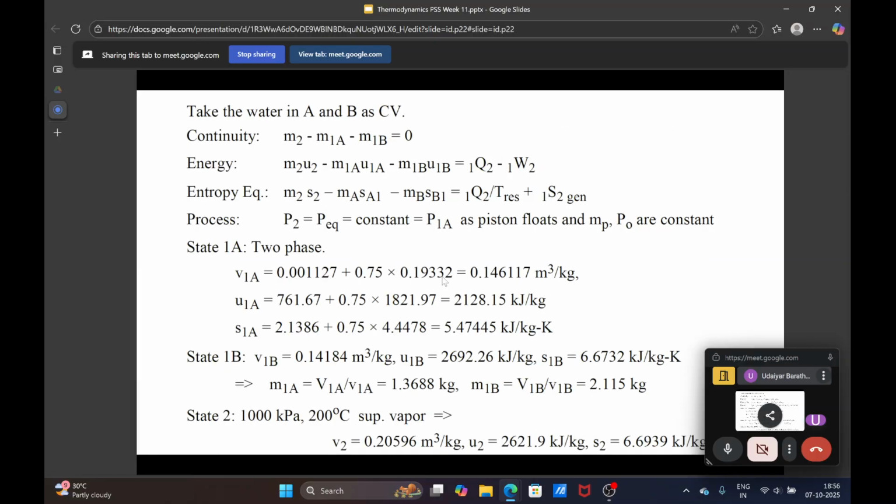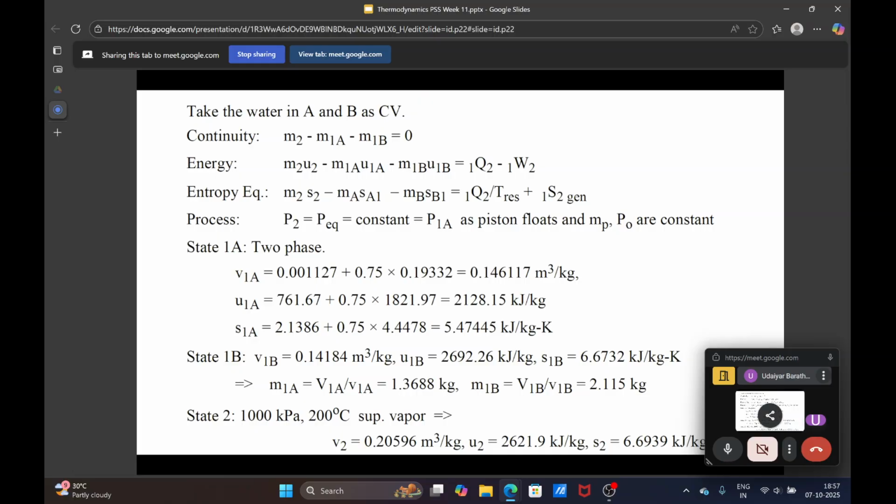Since it's a closed system, there is no mass transfer. So the mass at state 2 is the sum of the individual masses in both the volumes, M1A and M1B. Similarly, the energy balance is the change in internal energy, which is M2U2 minus the individual volume internal energies, equals Q minus W. There is heat transfer.